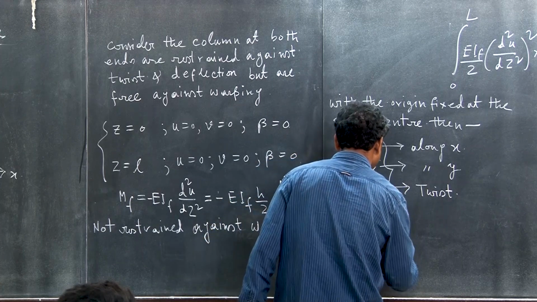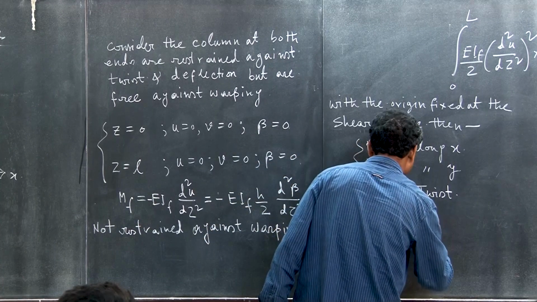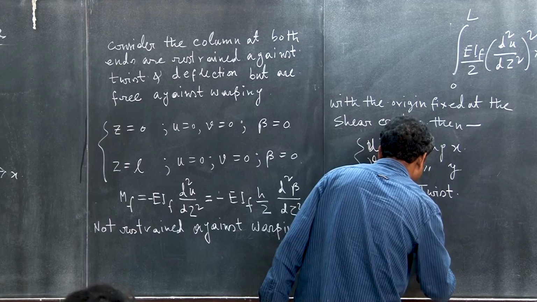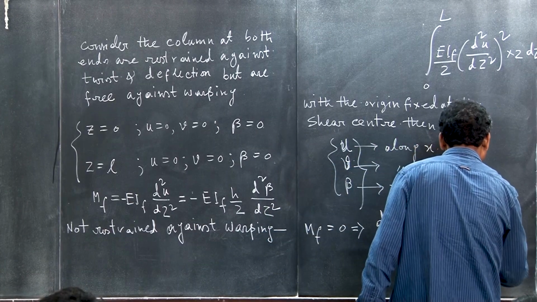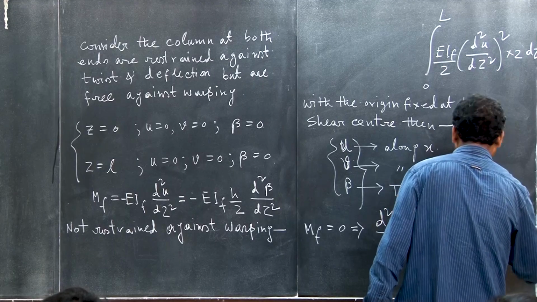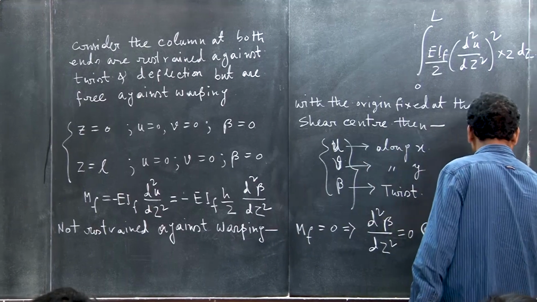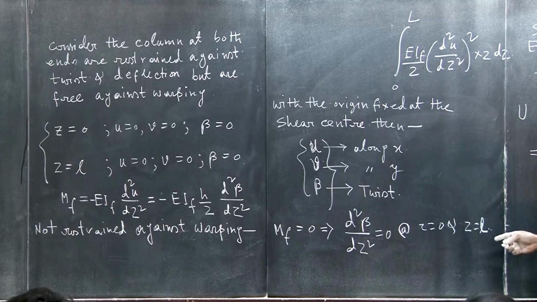If MF is 0, then what? D2 beta dz2 is 0 at z is equal to 0 and at z is equal to L. You understand what I am trying to tell you? All of you understood, right, what I am trying to tell you, right?